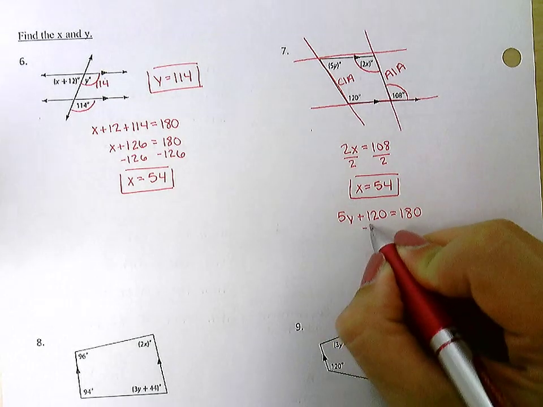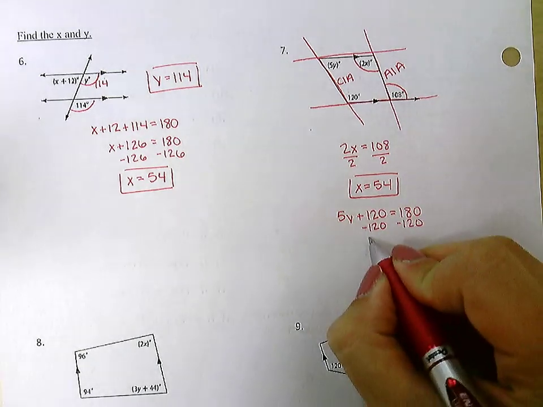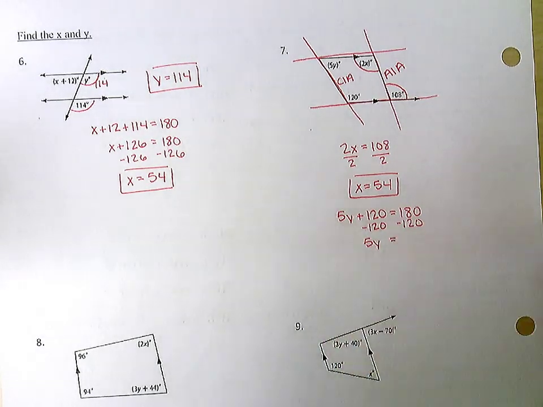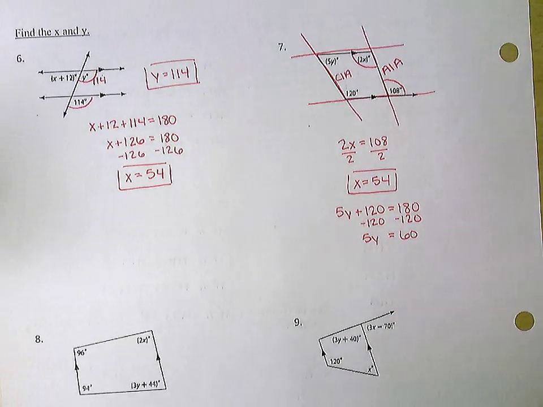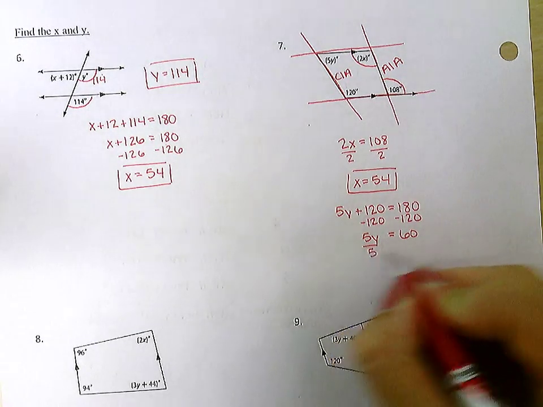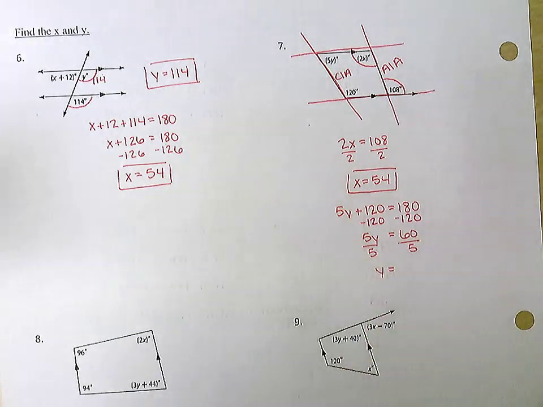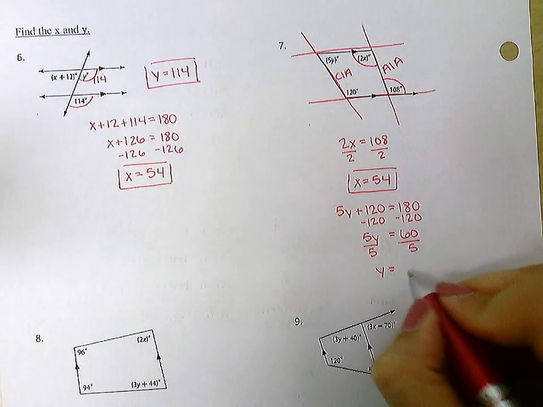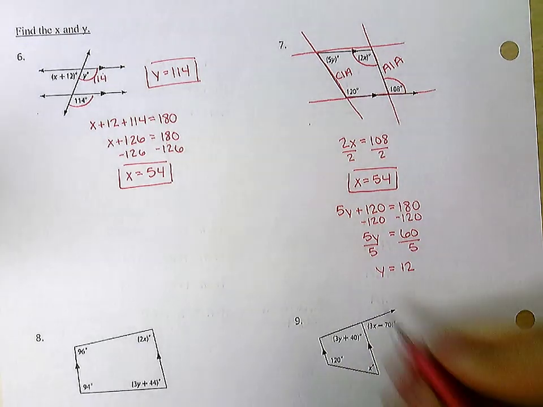I want y by itself, so I'm going to subtract 120. So I have 5y is equal to 60. Divide both sides by 5. And y is 12.